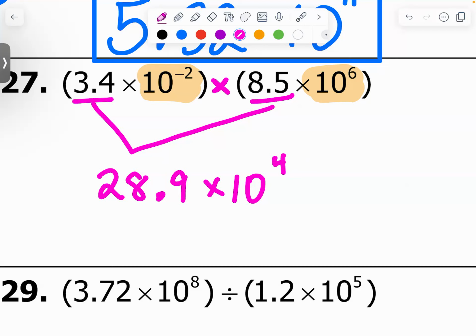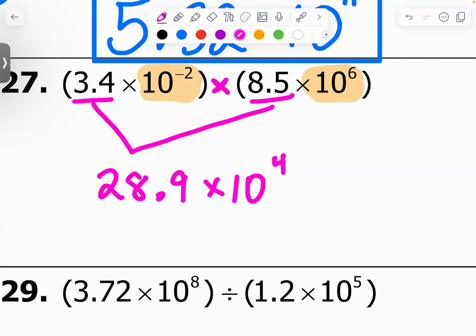It's not normal, okay? Caesar, where should the decimal be for a scientific notation number? You don't know? You know. Where would we need to move this decimal for it to be appropriate?